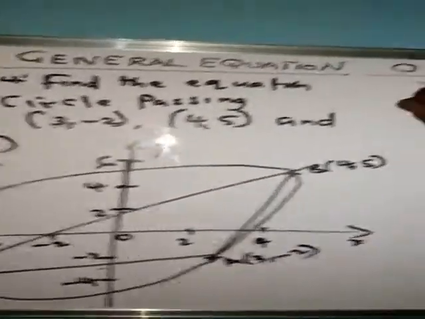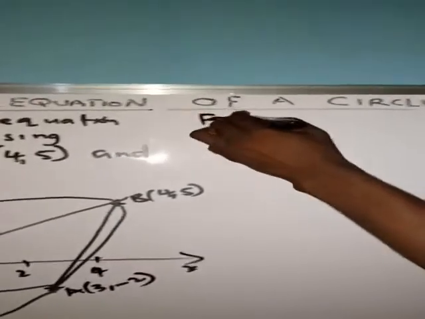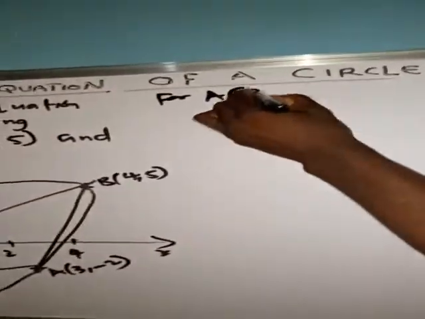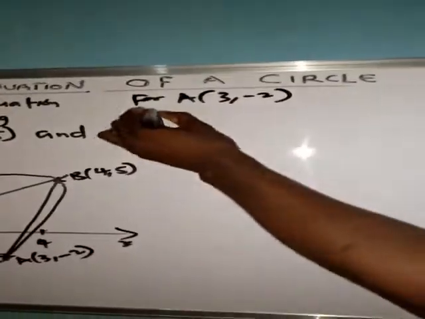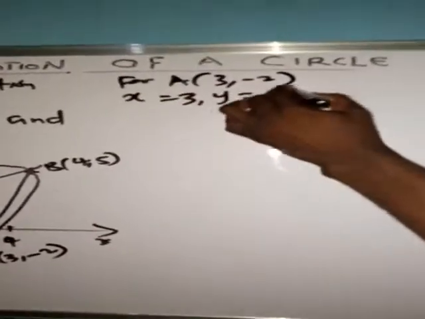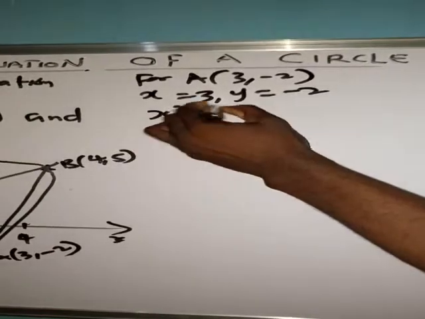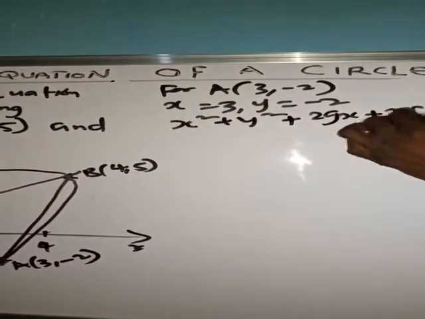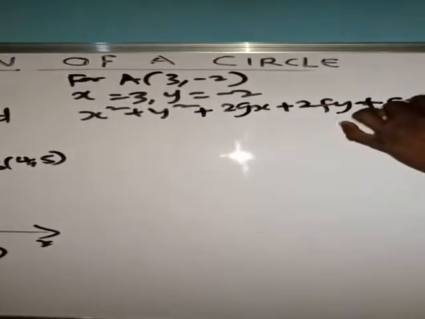So we start by saying for point A, which is 3, minus 2, x is 3 and y is minus 2. So x squared plus y squared plus 2gx plus 2fy plus c is 0.